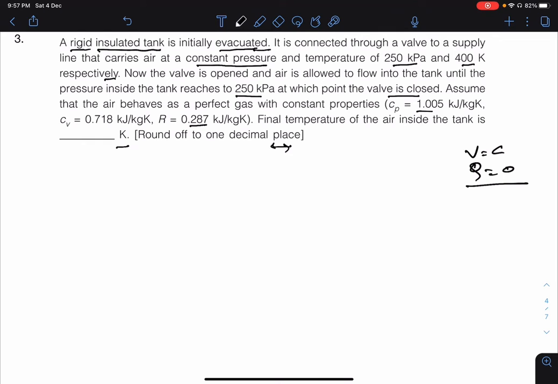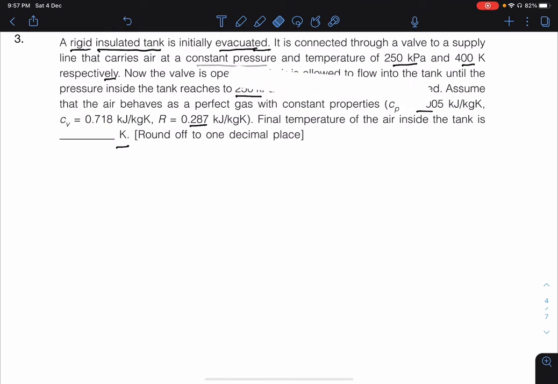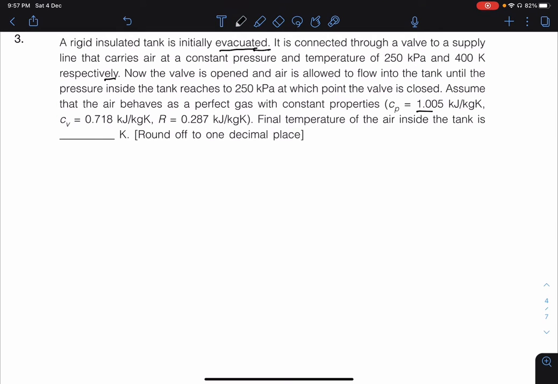So we have to solve this question. We will make one tank like this, and it has a fixed volume, and it is connected to a valve and a supply line. In this, air is flowing at a pressure of 250 kilopascal and temperature of 400 Kelvin.